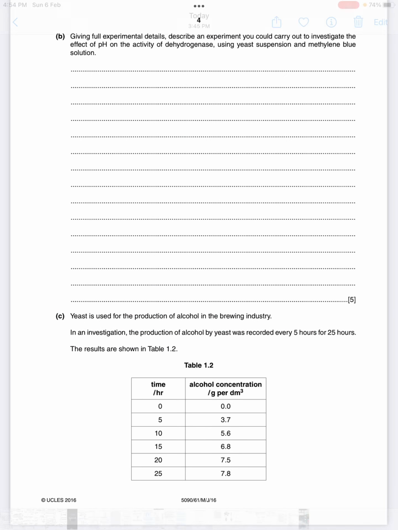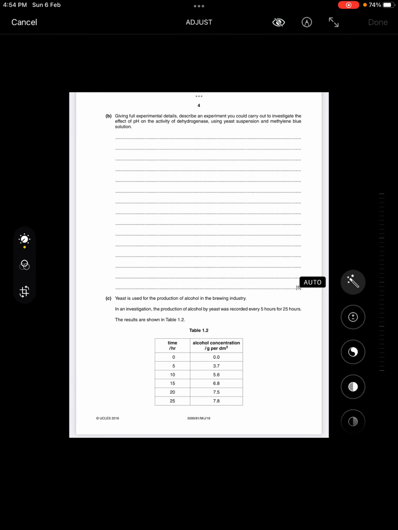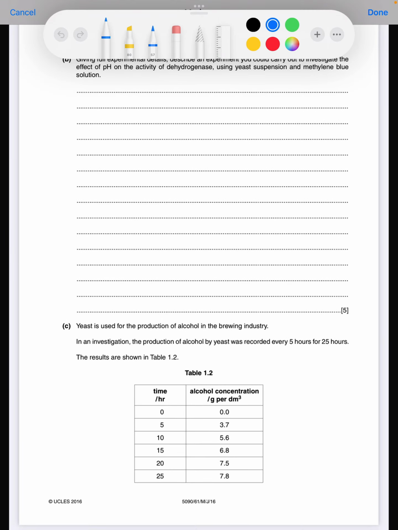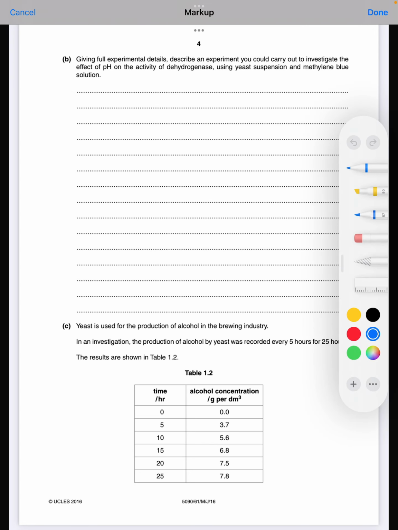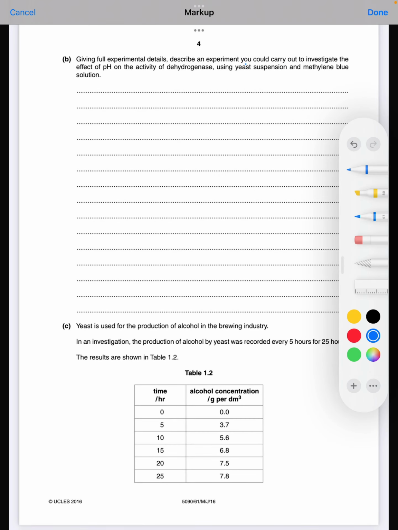Okay, giving full experimental details, describe an experiment you could carry out to investigate the effect of pH on the activity of dehydrogenase.